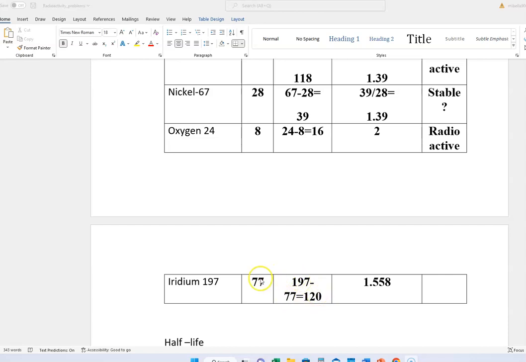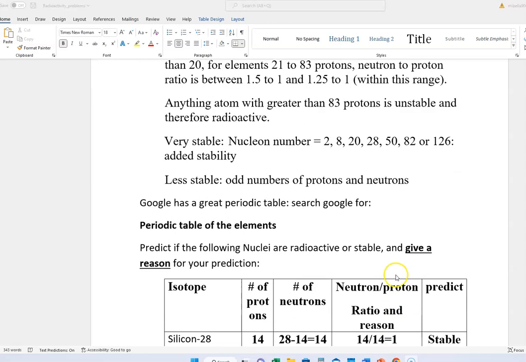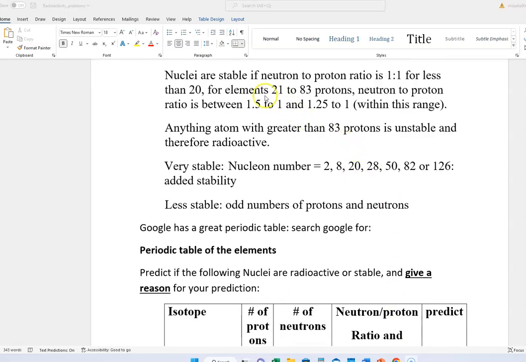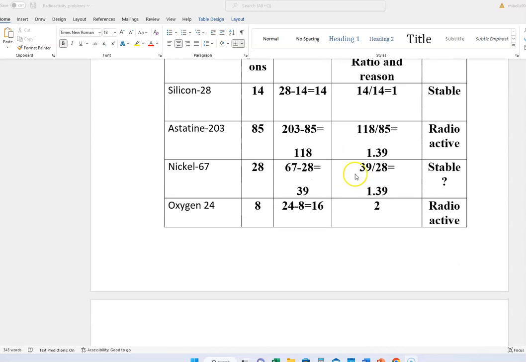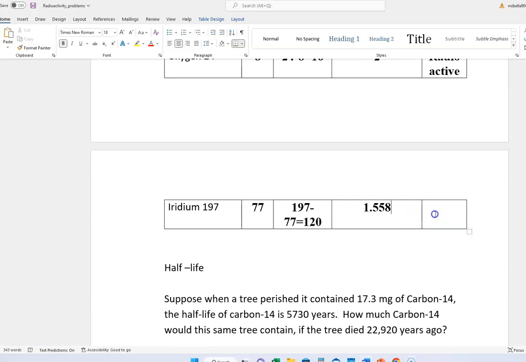So 120 divided by 77 is 1.558, something like 1.56, or you could round it to 1.6. If you remember, it's got to be between 1.5 all the way down to 1.25. So this is too big, so we're going to say this is radioactive.